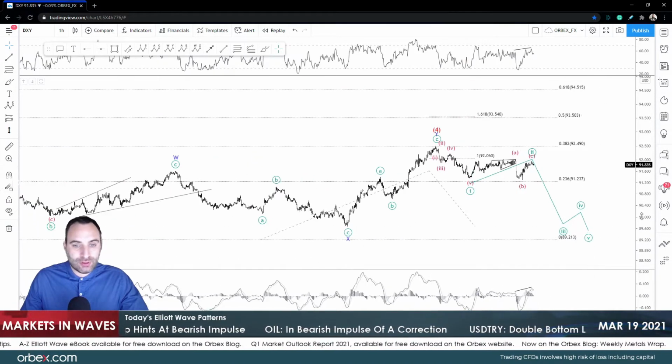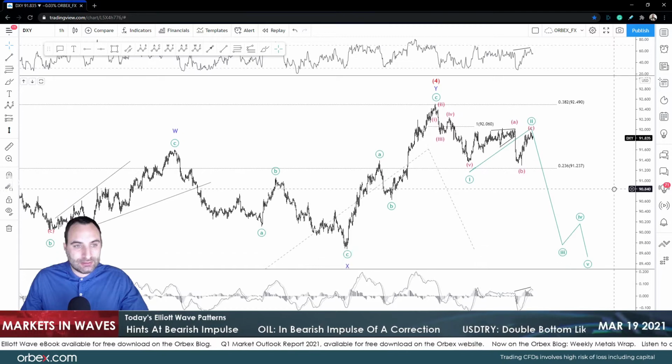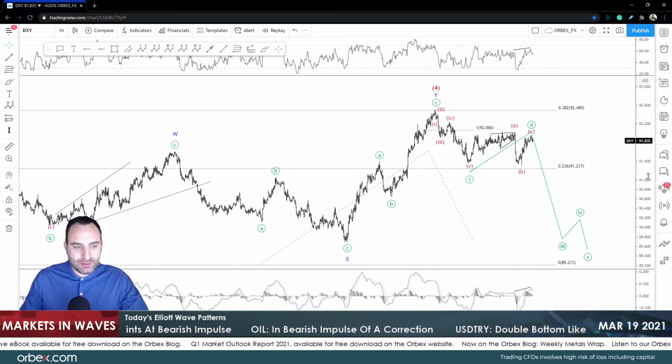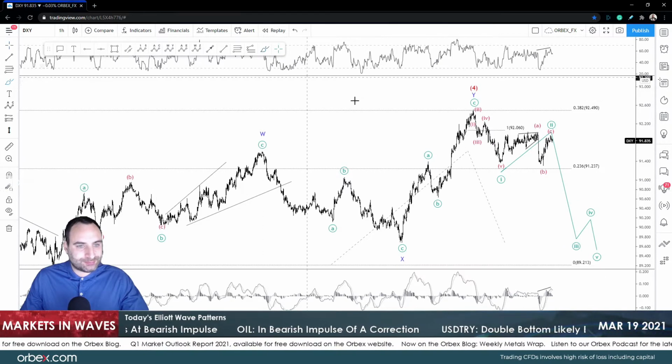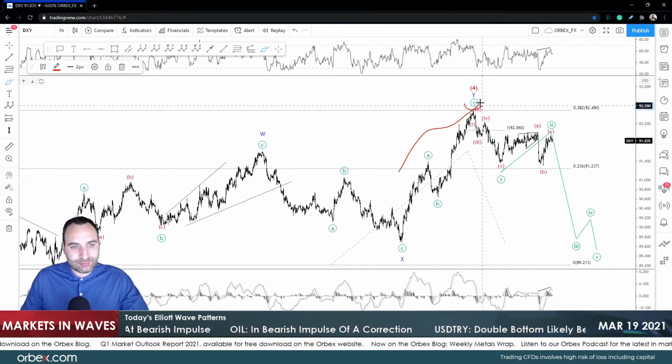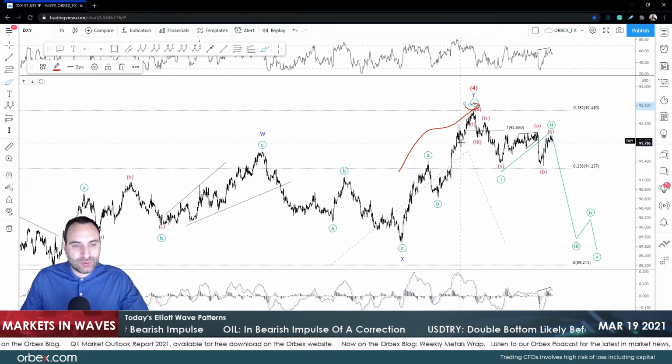So starting off with the dollar index first. We're looking at this upside trend around 92.49.